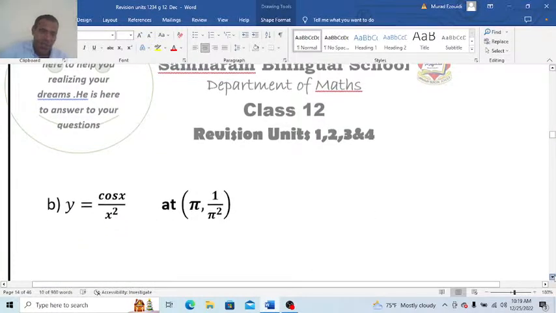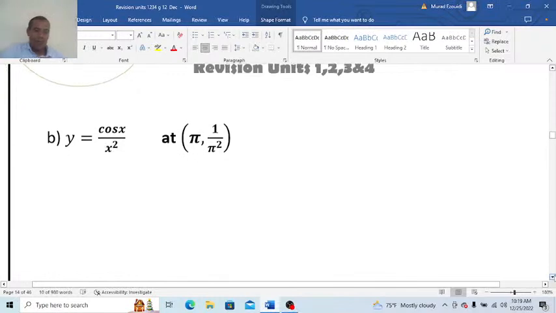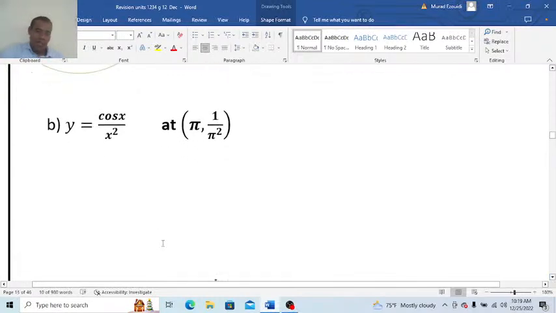Now, this one: y equals cosine x over x squared. You can use, let's say, the quotient rule or the product rule. If you use the product rule, write x squared above the main division, so it will be cosine x times x to the power minus 2. Let's do it here.